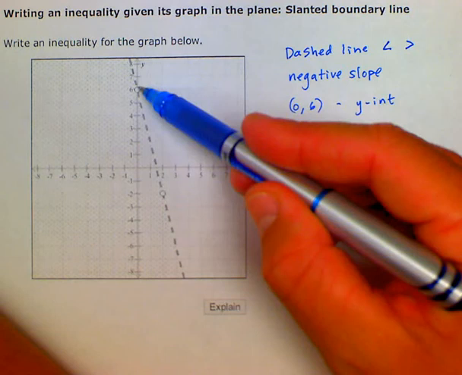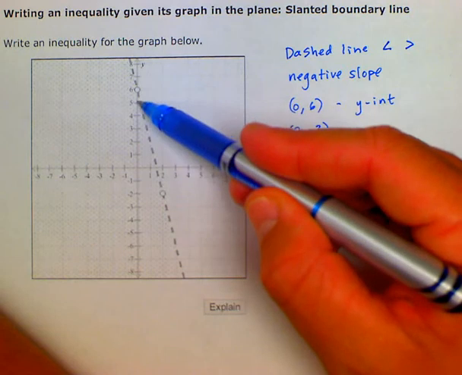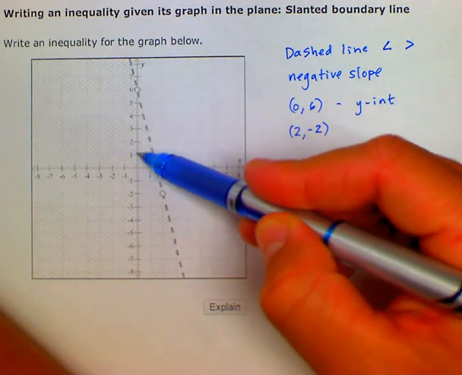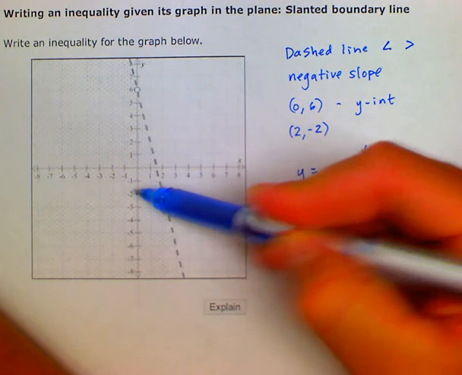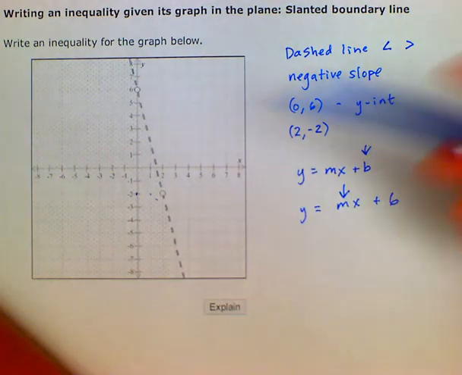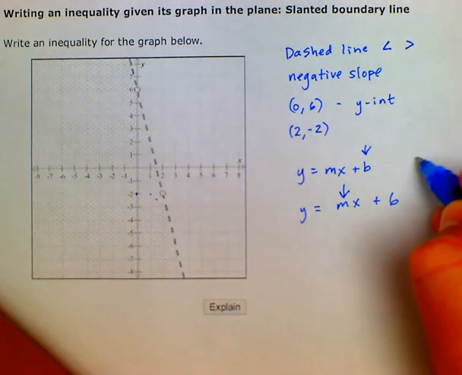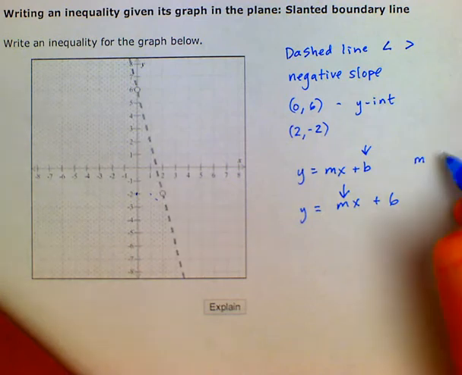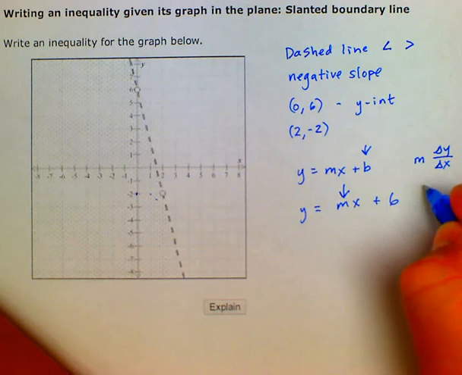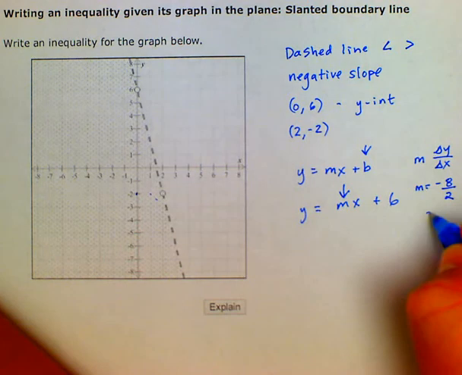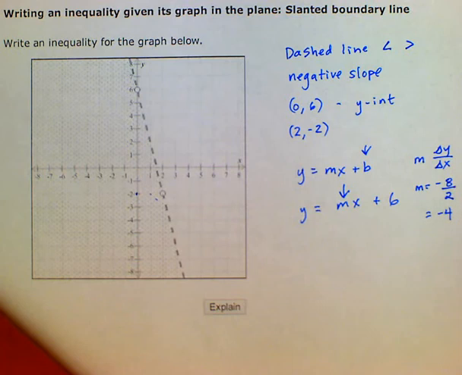So if we go from this point down 1, 2, 3, 4, 5, 6, 7, and 8, and then over 1, 2, we remember that slope is our change in y over our change in x. So the slope is negative 8 over 2, or equivalently negative 4, because negative 8 divided by 2 is negative 4.